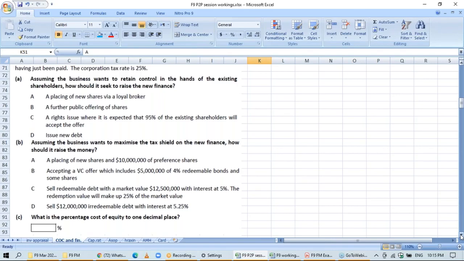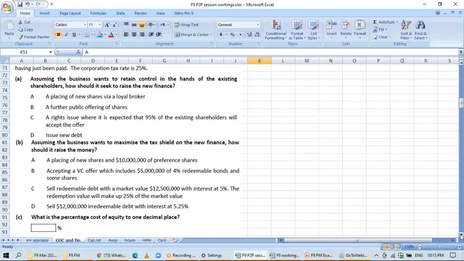Suppose you have a 10% cost on equity and 10% cost on debt. If there's a 30% tax, the cost of equity will remain 10%, but the cost of borrowing will become 7%. Why? Because you get a 30% saving in the taxable income due to the payment of interest on borrowings. So the cost of debt is lower due to the tax savings.